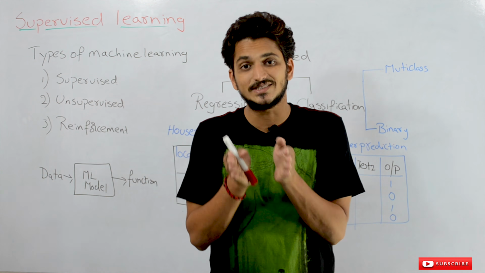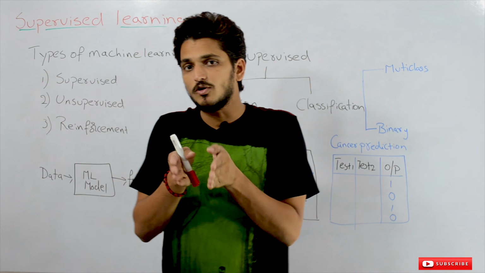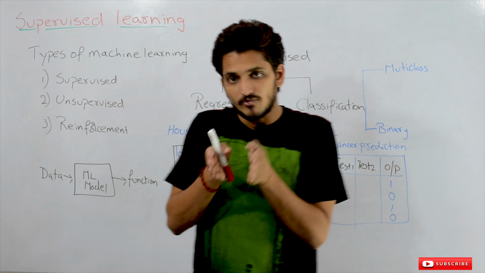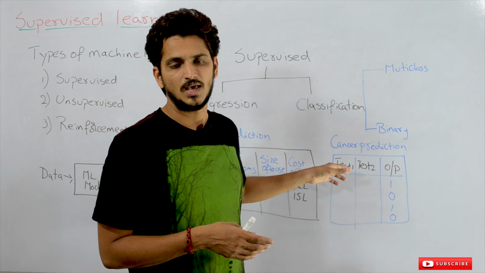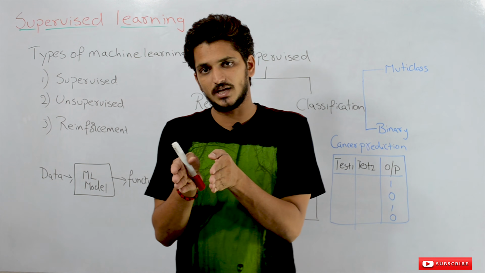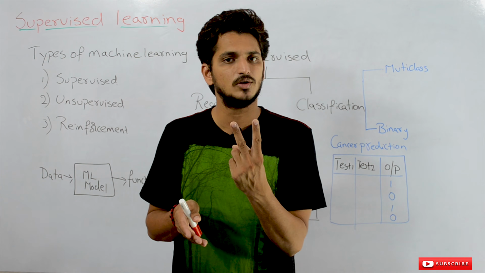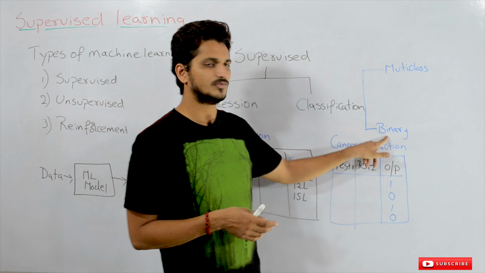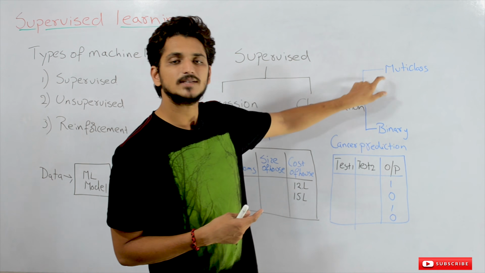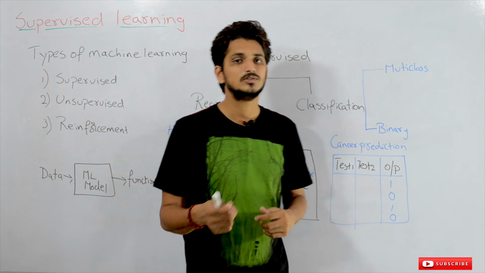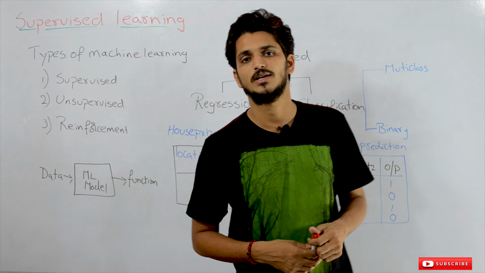Only 2 values, a set of values. If your output is only a set of values, then it comes under a classification problem. In the output set, if you have only 2 values, we call it binary classification. Above 2 values we call it multi-class classification.